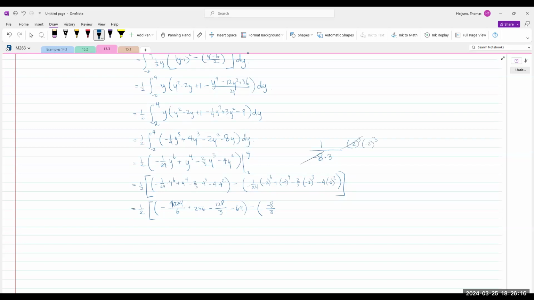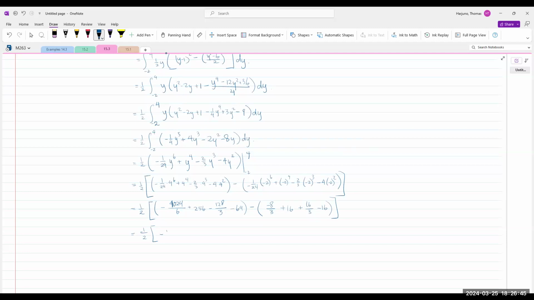This cancels, right? Okay, and then for the second term, that's basically 2 to the 4th, that's 16, and then plus 16 over 3 minus 16. Dang, I hate doing this. Okay, that's 1/2.